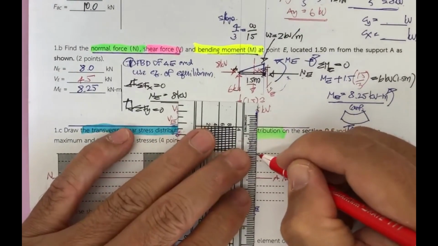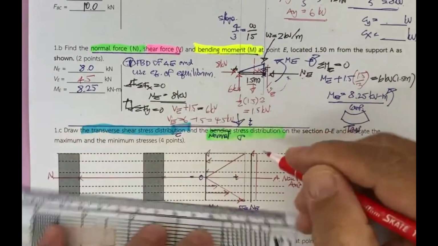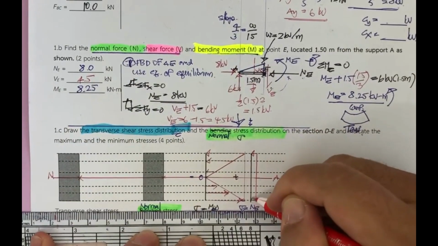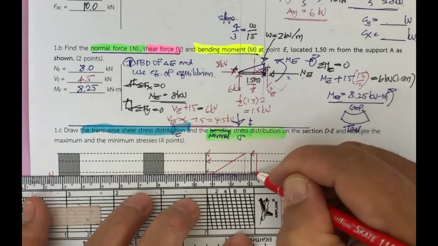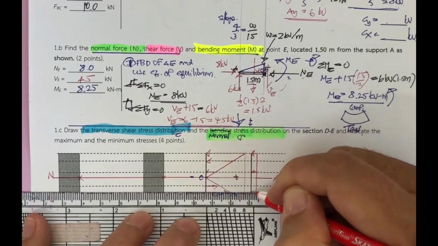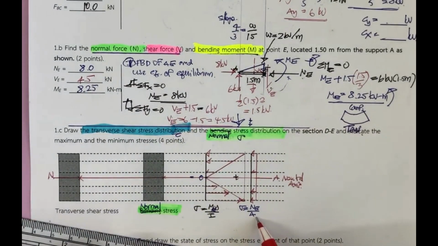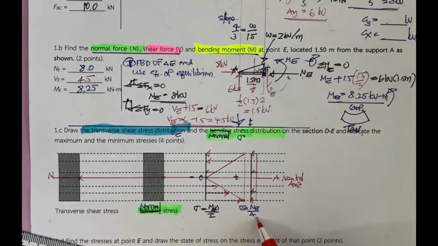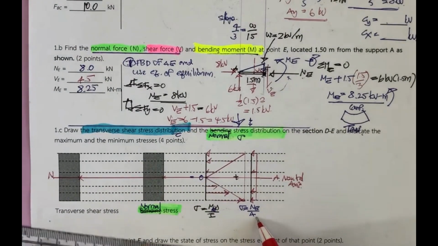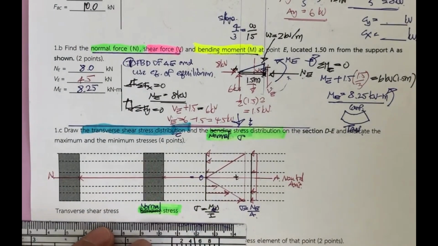And from the knowledge from chapter 1, due to this N, the stress occurring on the section could be averaged and computed by this equation. Okay, let's see. What is this going to be? This is sigma.